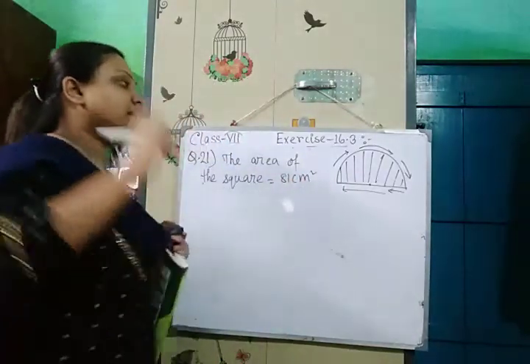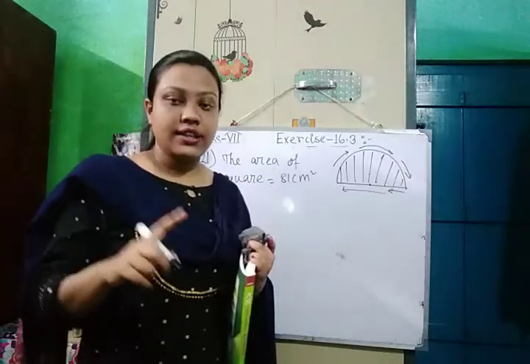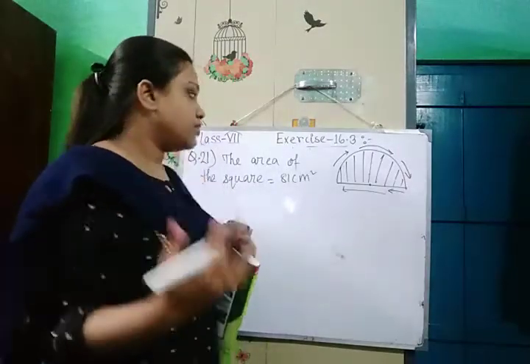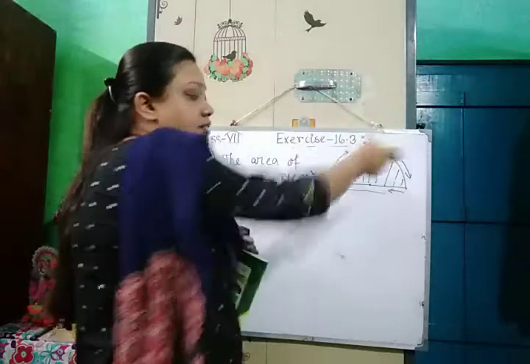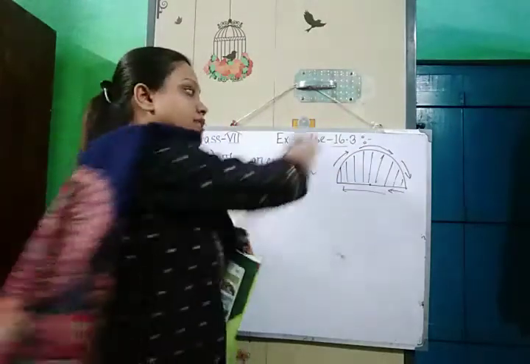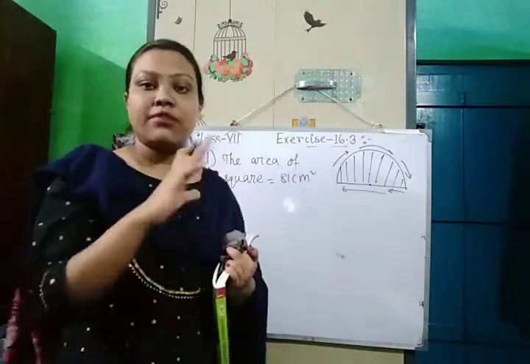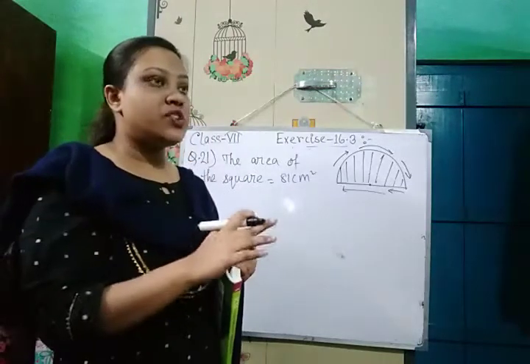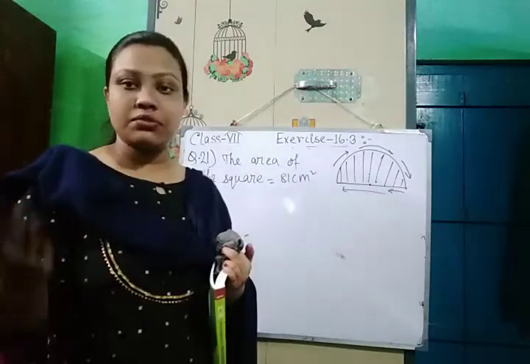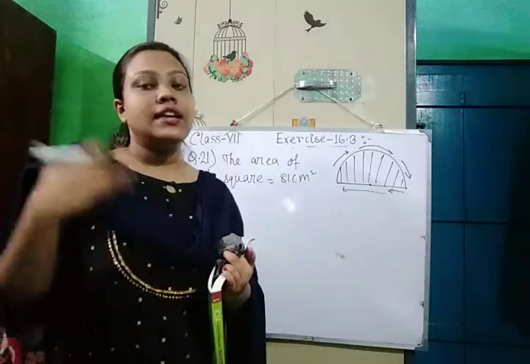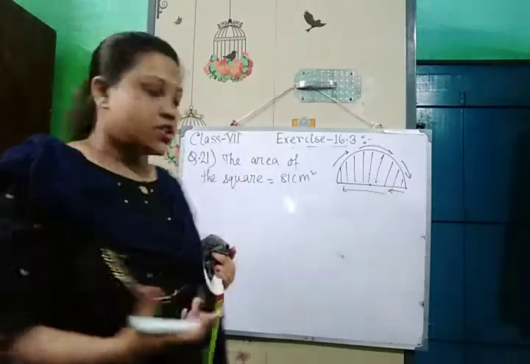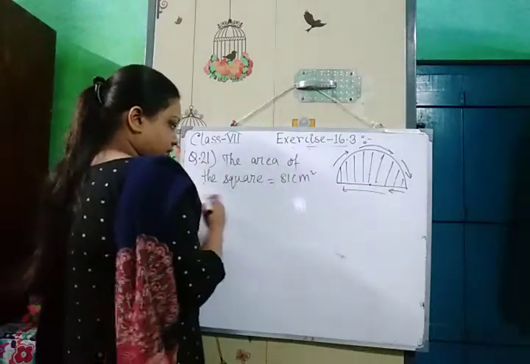So if we find the perimeter of the square, then we can say what is the length of the wire, because the wire was bent into the shape of a square. So the perimeter of the square is equal to the length of the wire. Here the area is given.